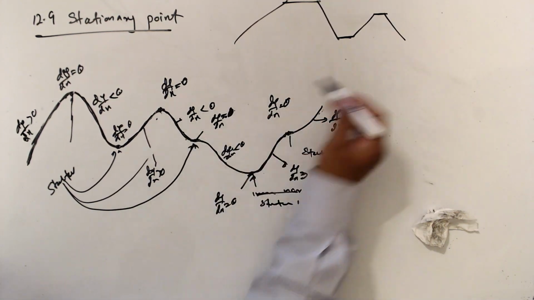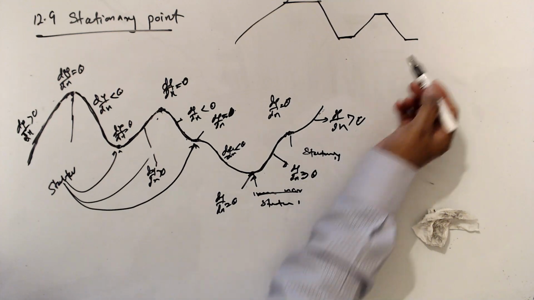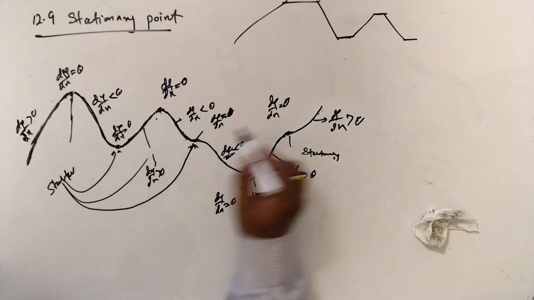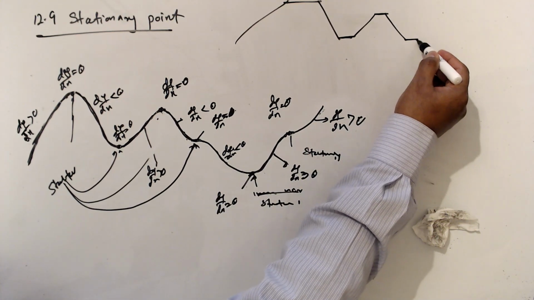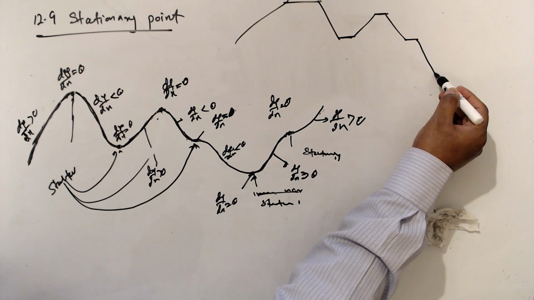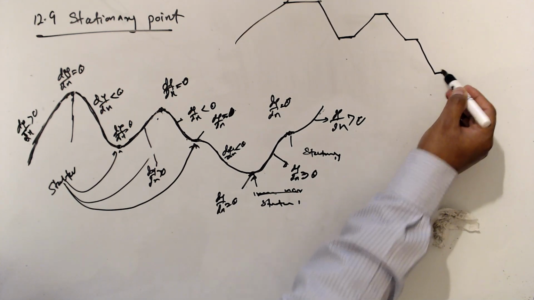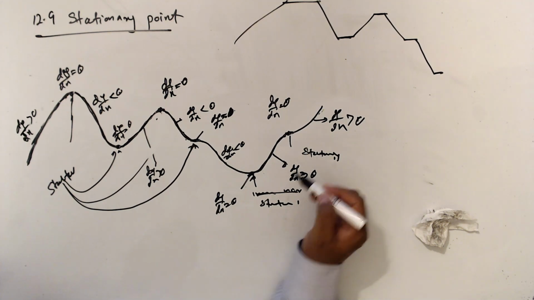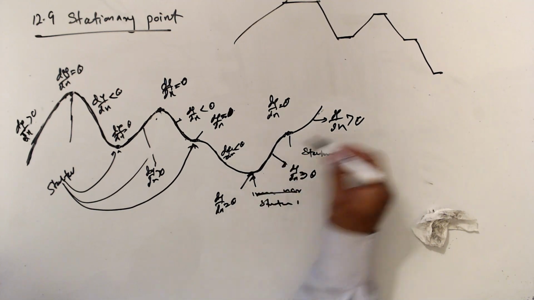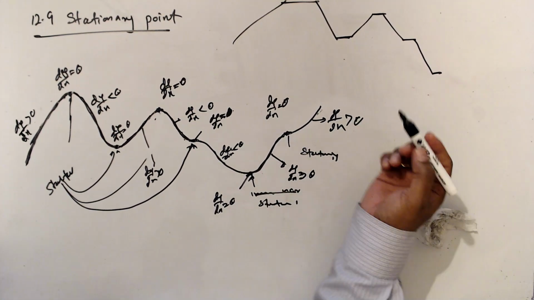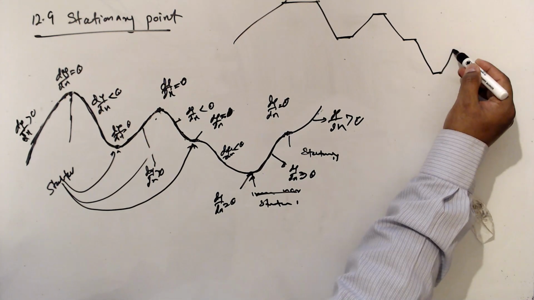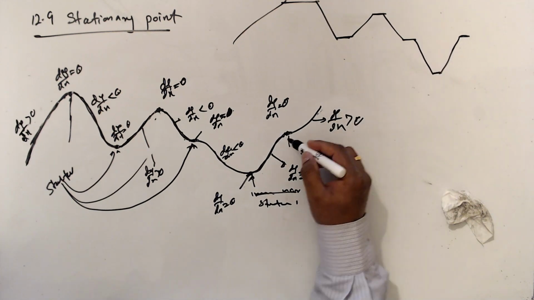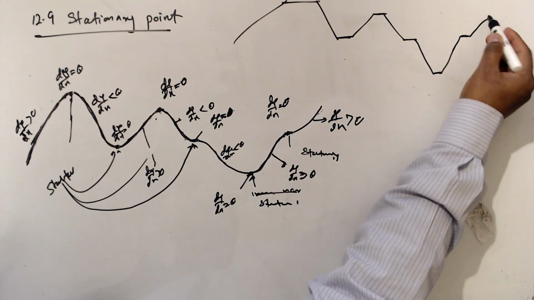Then again negative gradient, then again dy/dx 0. Gradient is 0, neither increasing nor decreasing, and again up to here increasing, and again at this point stationary, and again increasing.